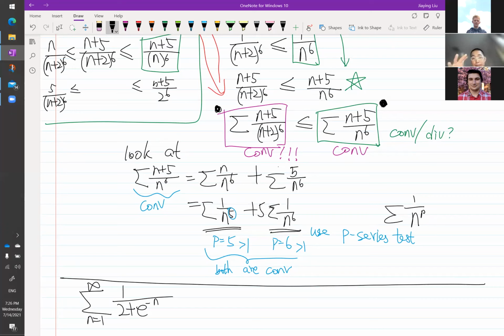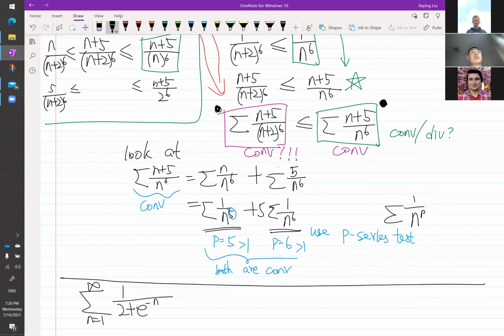That series is bigger than the one that's given, right? So if you have a larger series, where each term is bigger than the one that's given, and it is convergent, which means the sum approaches a finite value, right? That's what being convergent basically means. So if the series of bigger values has a sum that approaches a finite value, then the series that has smaller values also has to approach a finite value.